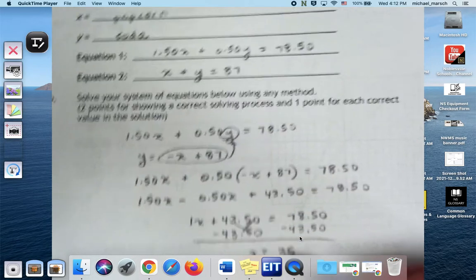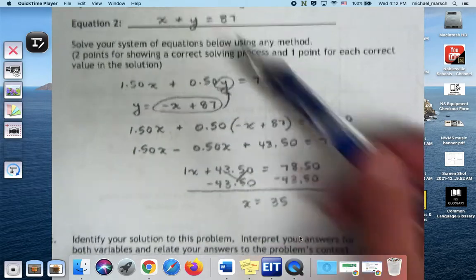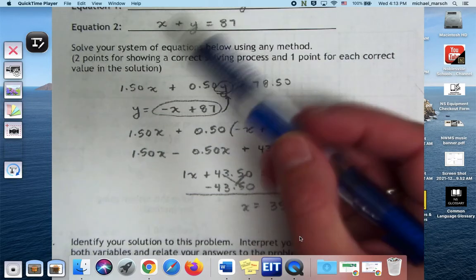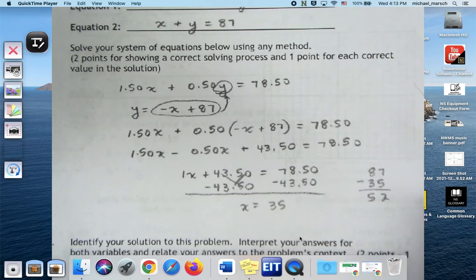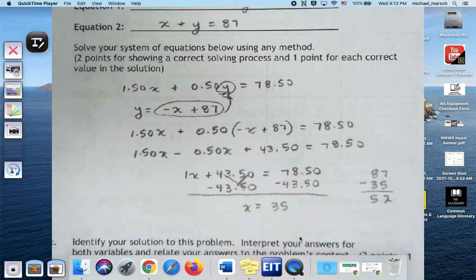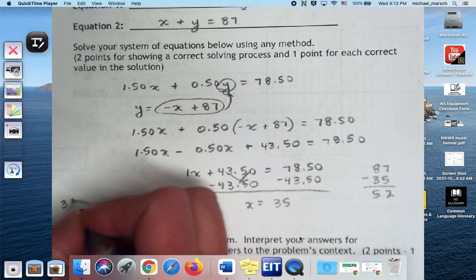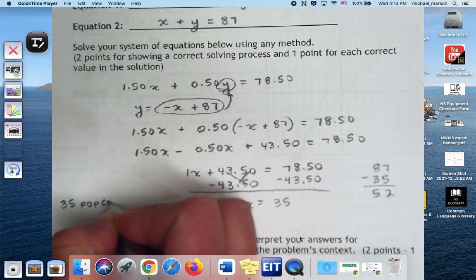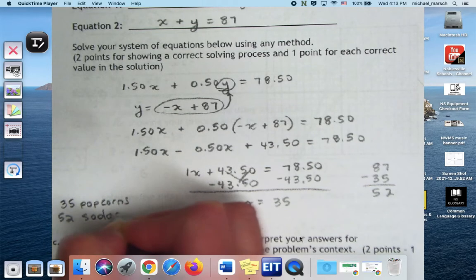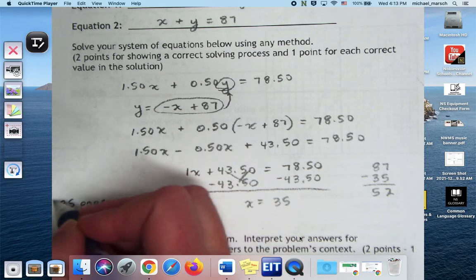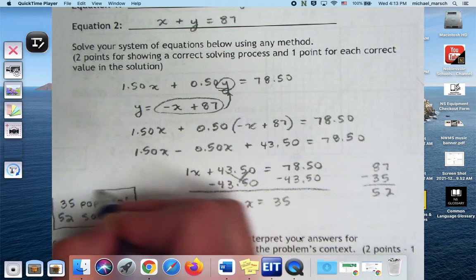And if I sold 35 popcorns and I sold a total of 87 items, I'm going to do 87 minus the 35 to find out how many sodas. 52 sodas. So 35 popcorns, 52 sodas would be my final answer. That is the solution to that system.